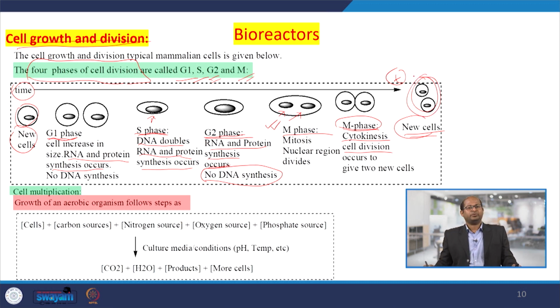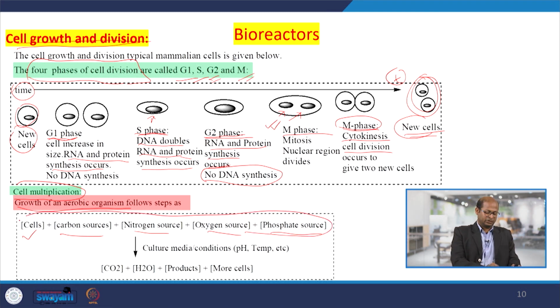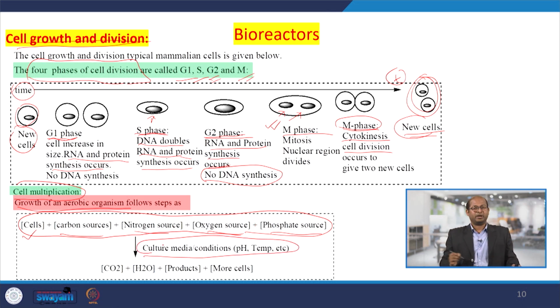Basically, the multiplication or growth of cells in an aerobic organism follows these steps: cells, carbon source, nitrogen source, oxygen source and phosphate source. These are the nutrients we have to supply with the cells inside a bioreactor, and if we maintain particular temperature and pH inside the reactors, then new cell formations take place.